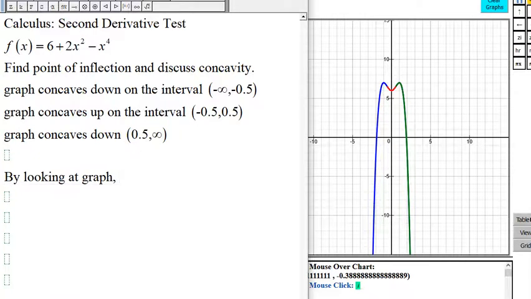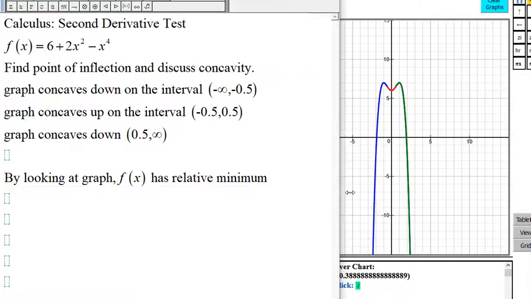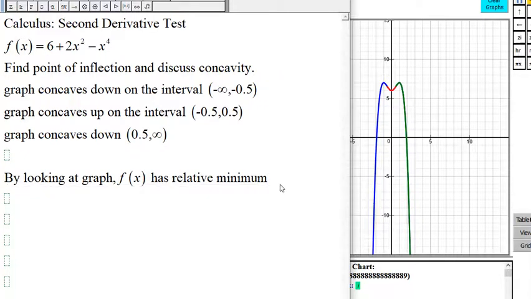So we have the graph f of x as relative minimum at 0, 6.